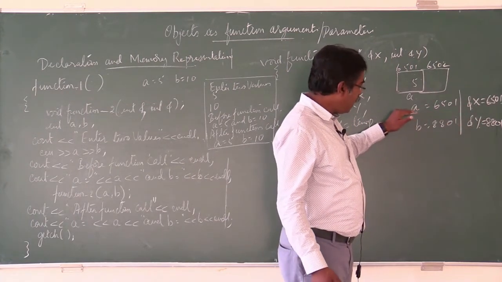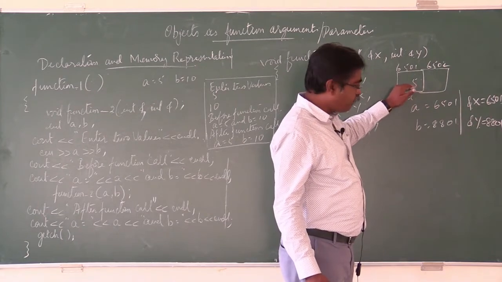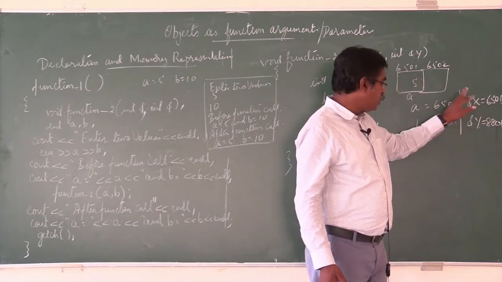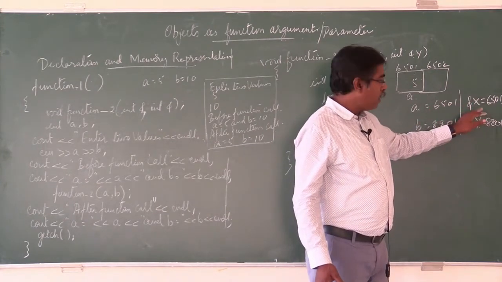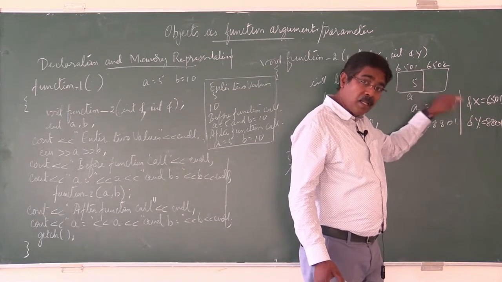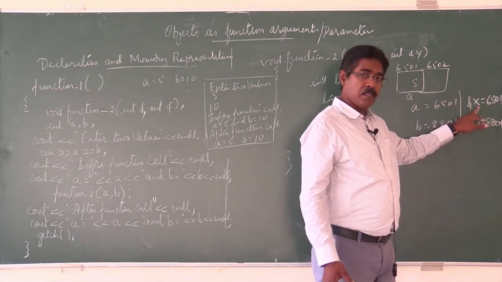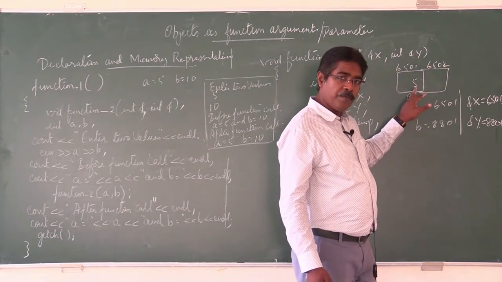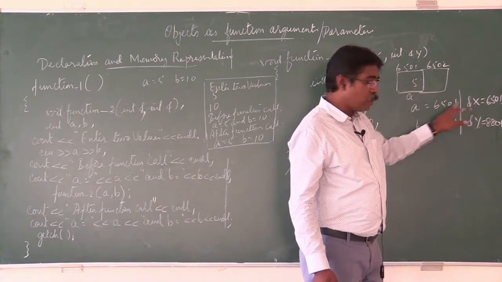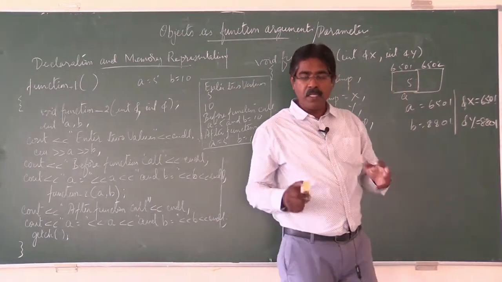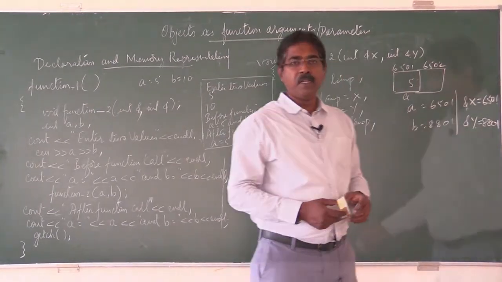Hence, when A has got the value 5 and X being the reference to A, or alias, this address has got another name, that is X. Hence, both refer to the same value 5 as well as both refer to the same address, what? 6501. This is about pass by reference.